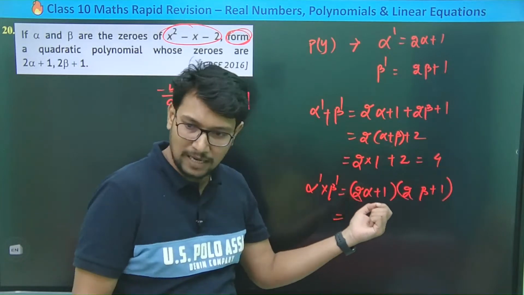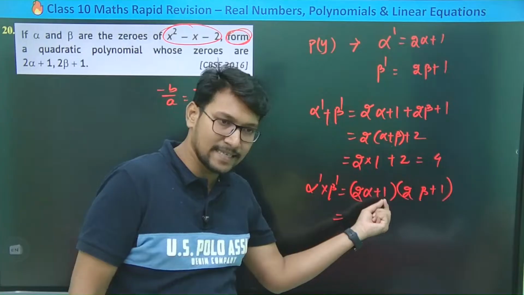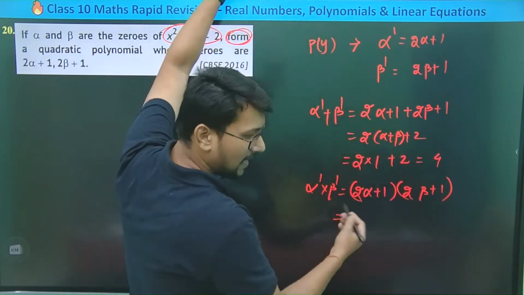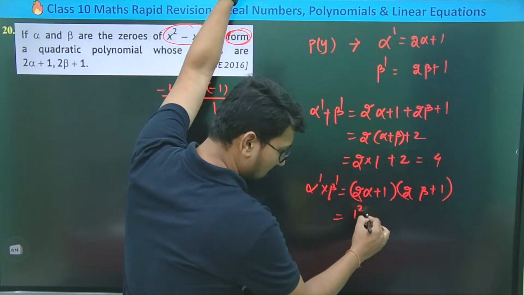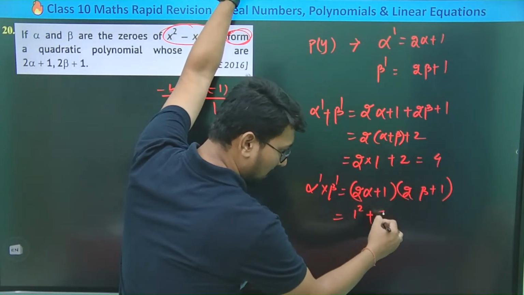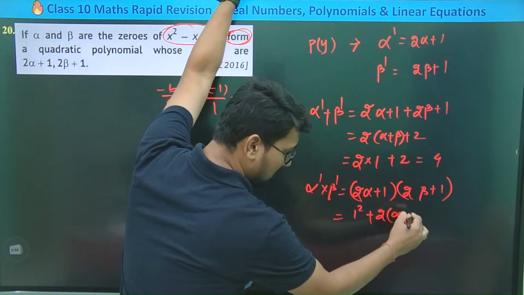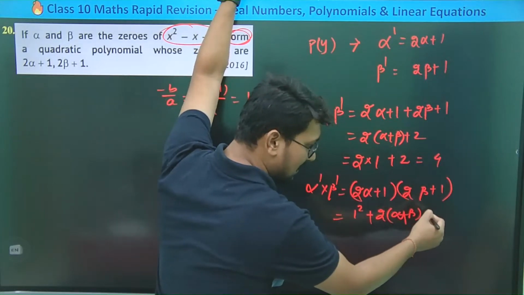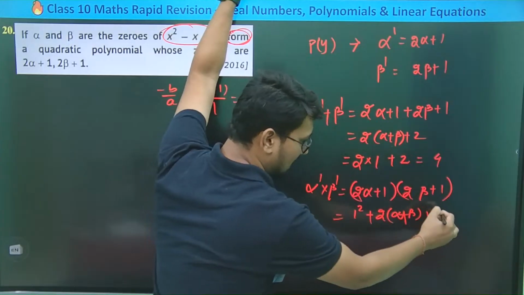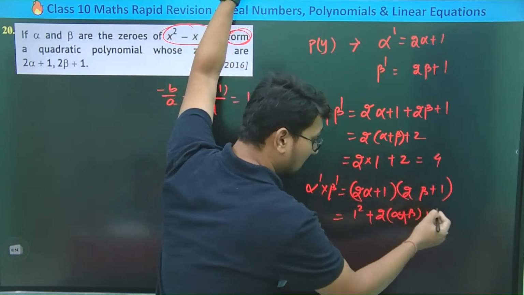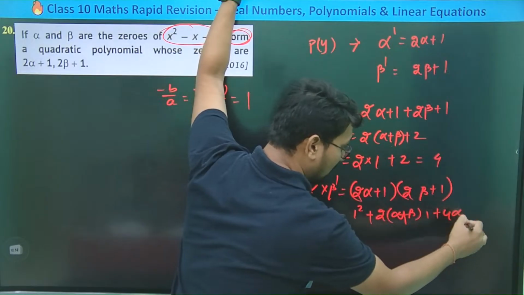The formula gives x square, that is 1 square, plus a plus b, that is 2 alpha plus 2 beta, that is 2 into alpha plus beta, plus a into b, that is 2 into 2, 4 alpha beta.